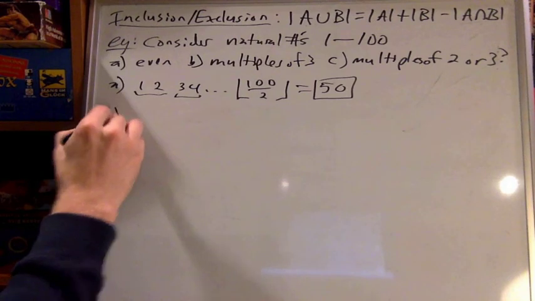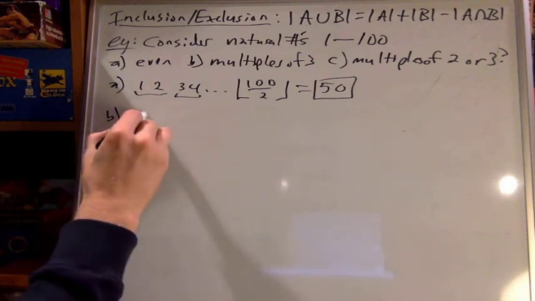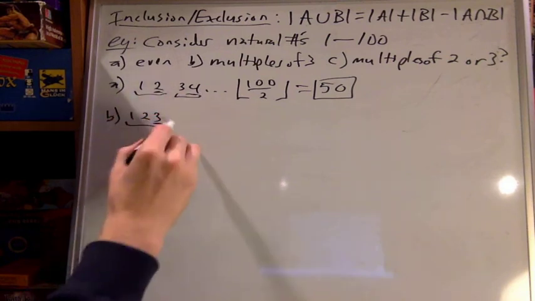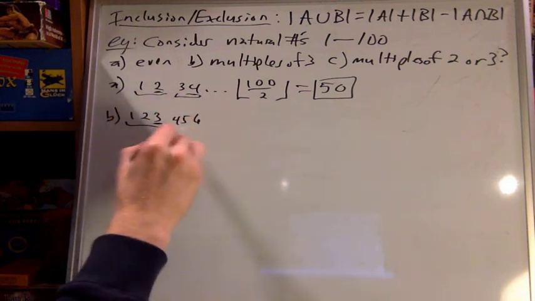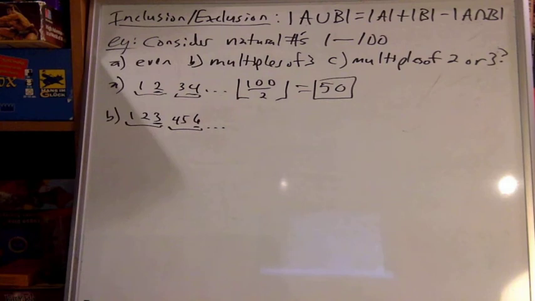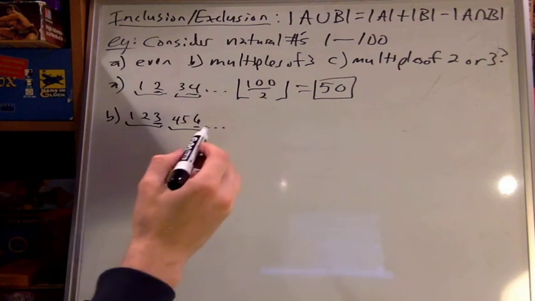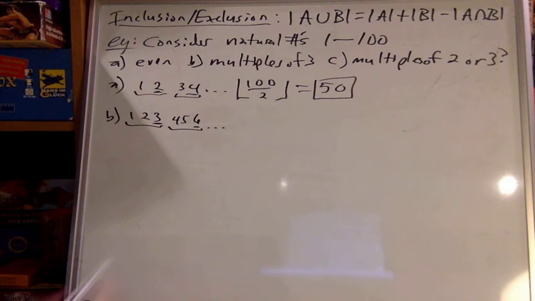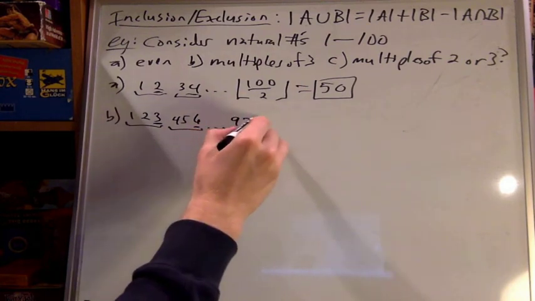Part B, I'm counting triples, 1, 2, 3, and I want to get the last one from each triple. 4, 5, 6. And as I get towards the end, I'm going to have 97, 98, 99.